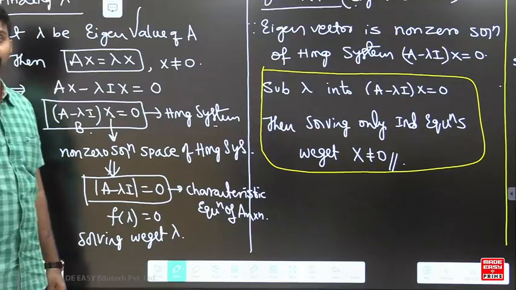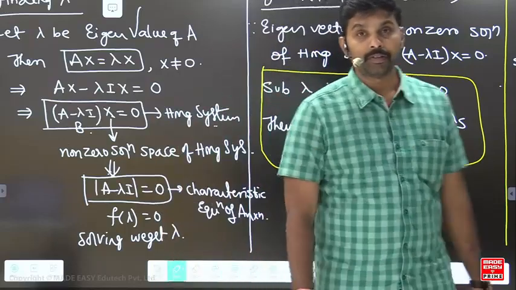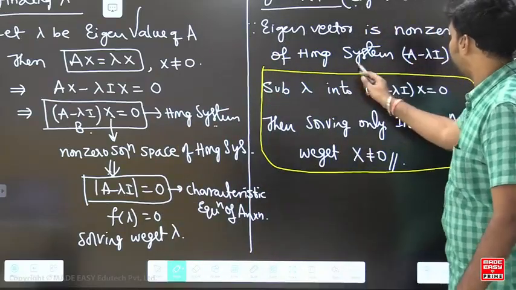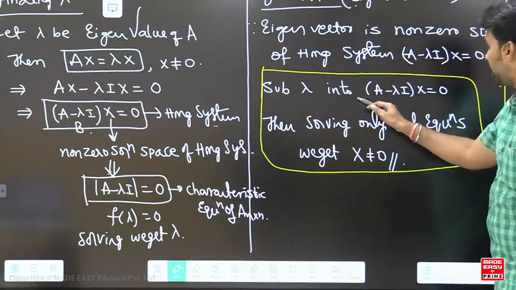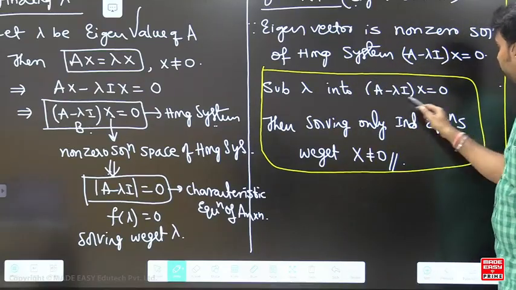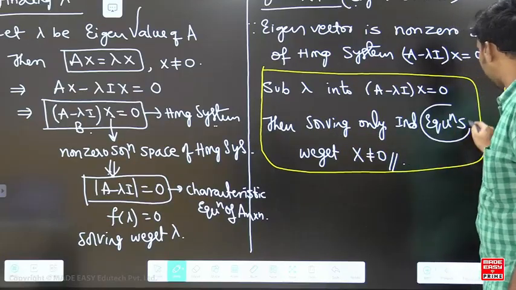Solving the equations: substitute lambda into this. Once you substitute lambda, solve the independent equations.